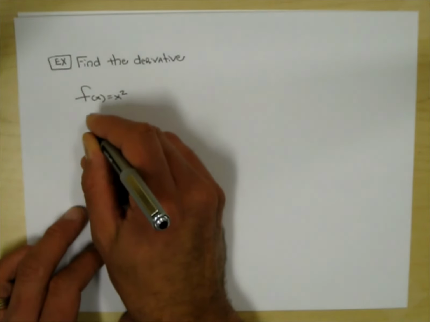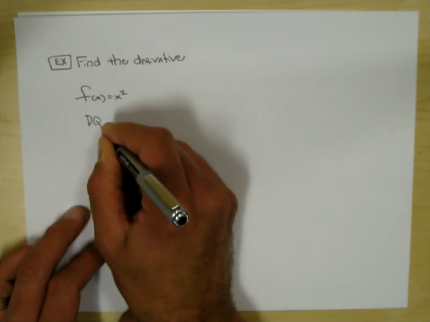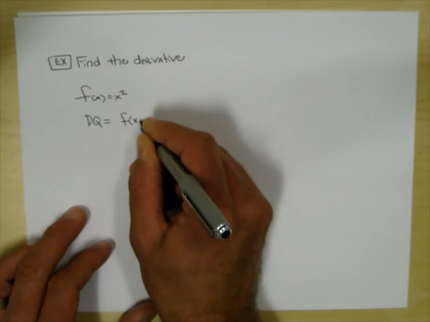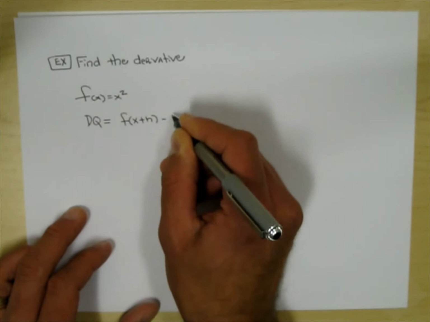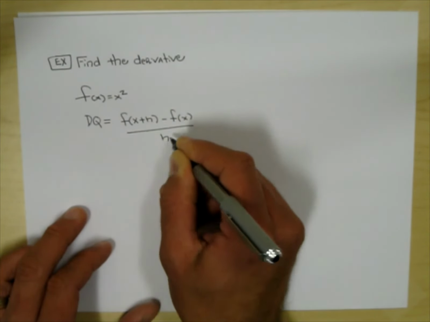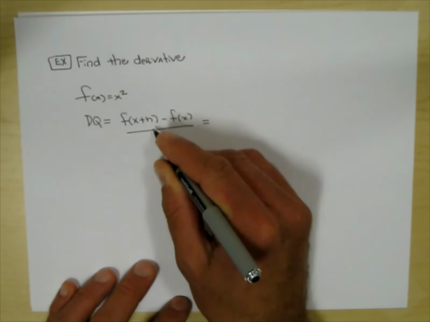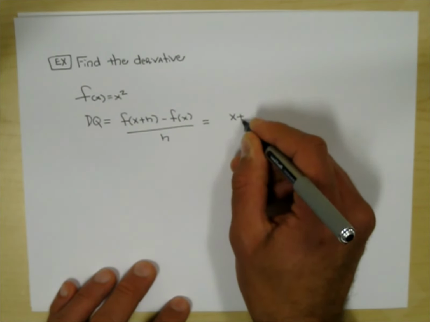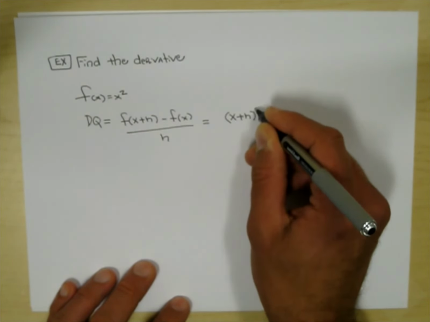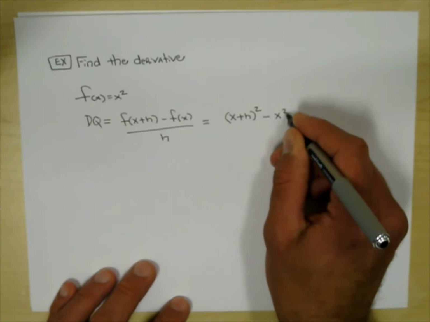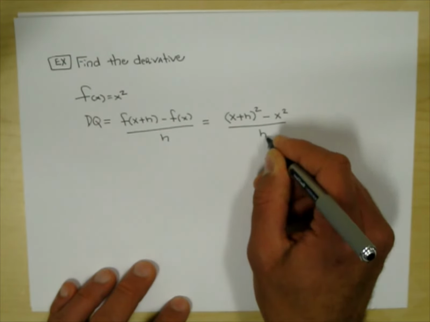So what I'm going to do is figure out dq. dq is f of x plus h minus f of x all over h. So f of x plus h, I'm not going to color code this one this time. This is x plus h squared minus f of x, so that's x squared, all over h.